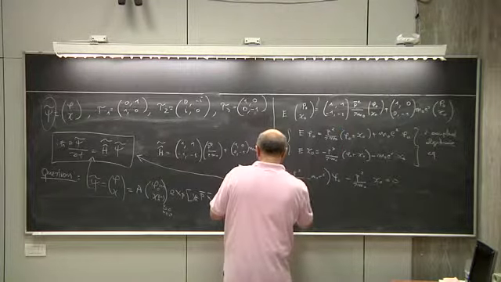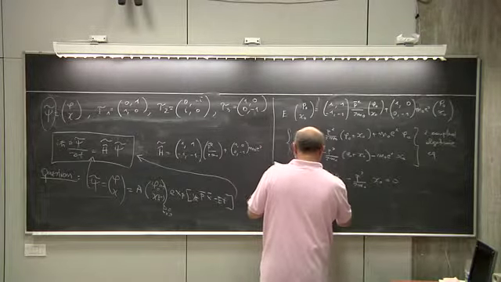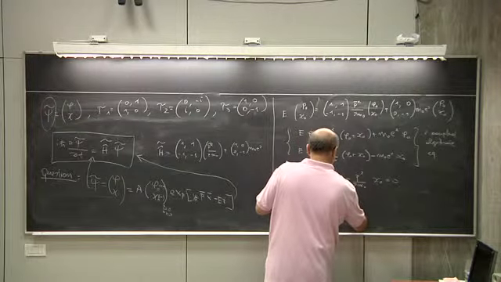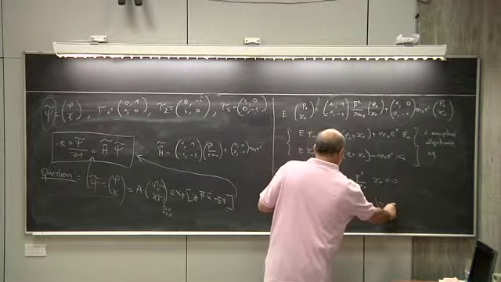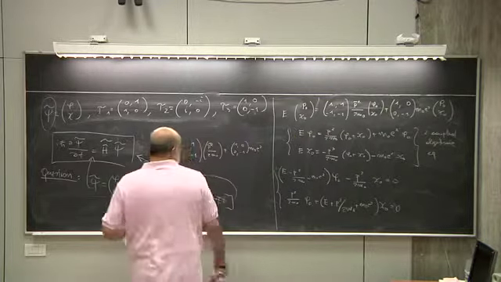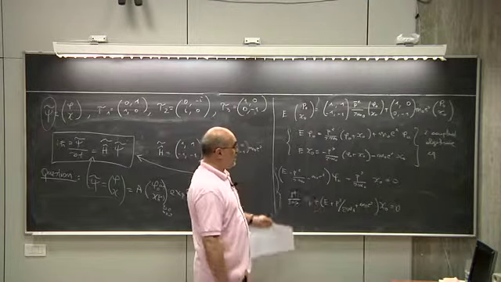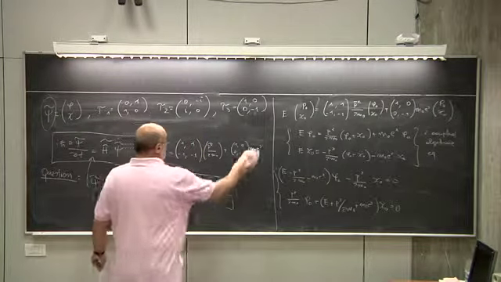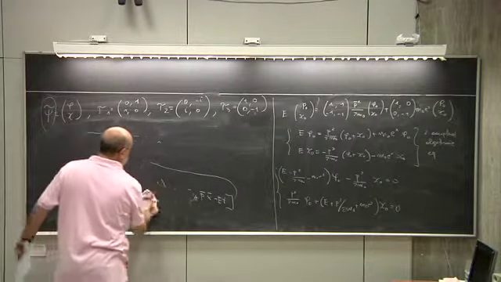And p square over 2m0 phi 0 plus E plus p square over 2m0 plus m0 c square, chi 0 equals 0. The unknowns are phi 0, chi 0. These are 2 by 2 matrix. Now, when will this have a solution? This is an eigenvalue problem. It will have a solution when the determinant of the coefficient is 0.